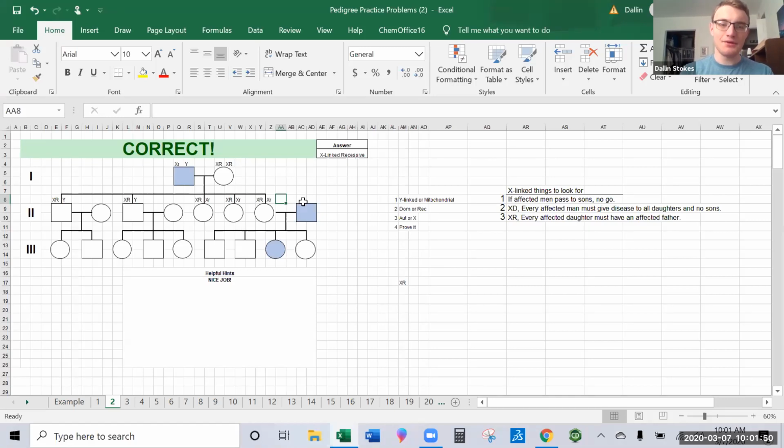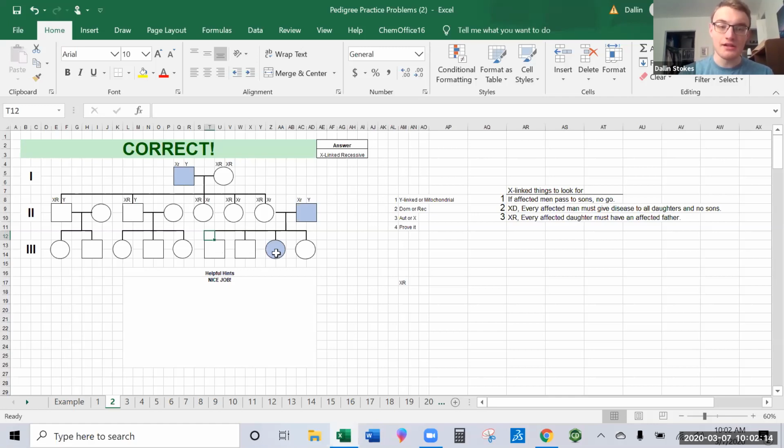Okay, now I double check this one here. If I have a man that's affected, he has to be X little r Y. So this son can get an X big R from mom and a Y from dad and not be affected. Same story here.